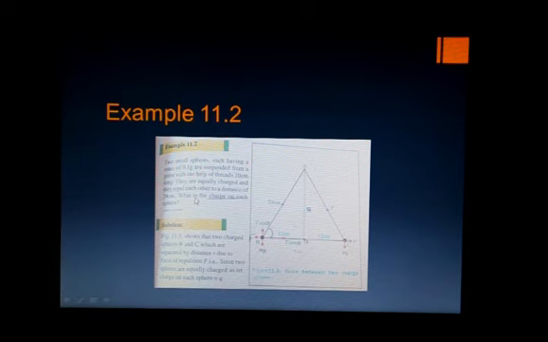Two small spheres, each having mass of 0.1 grams, are suspended from a point with the help of threads 20 centimeter long. They are equally charged and they repel each other to a distance of 24 centimeter. What is the charge on each sphere? We have to find.